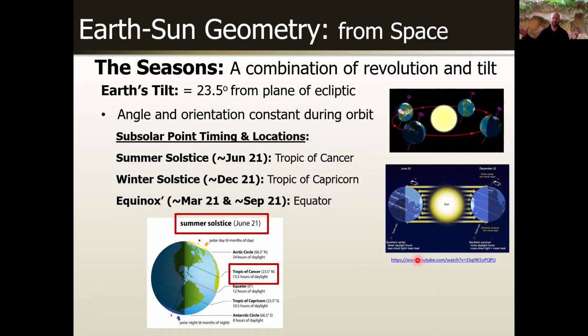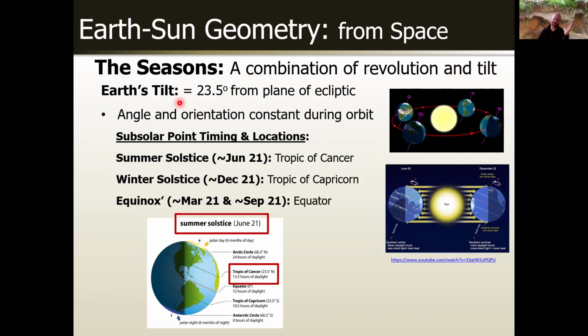So now bringing some of these concepts forward and moving them into understanding seasons and ultimately understanding radiation and temperature. The reason we have seasons, especially as you go further north and south from the equator, is a combination of our revolution and tilt.